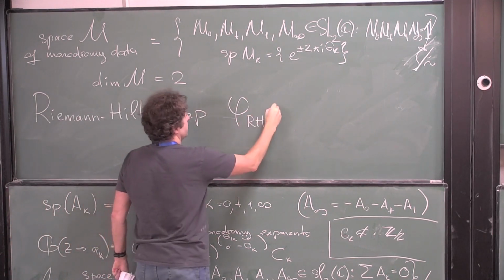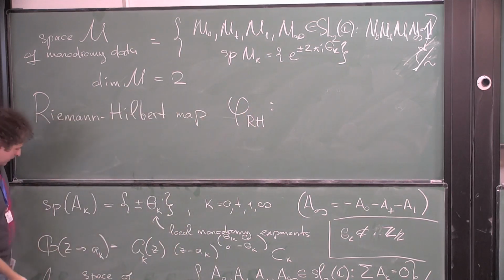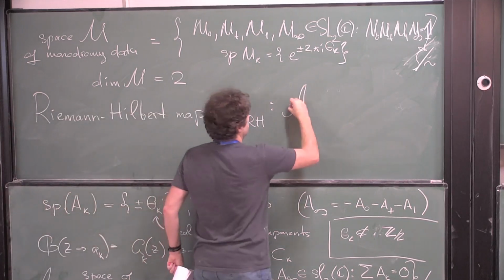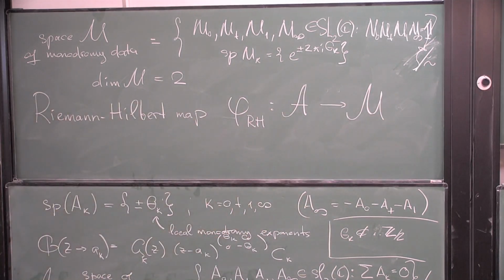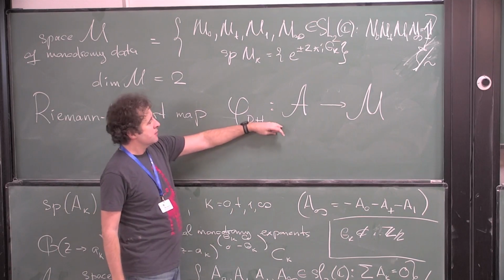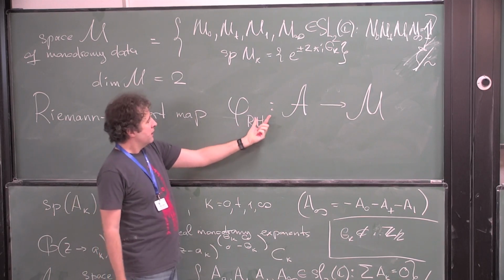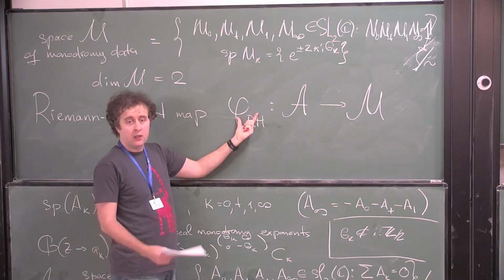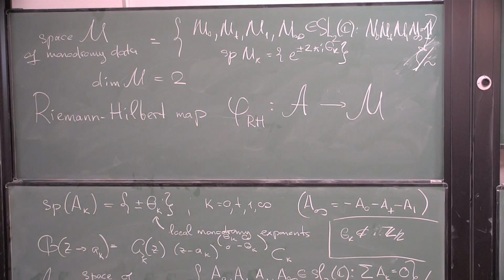Let's call this Phi Riemann-Hilbert, which assigns to any point in A a point in M. This is a transcendental map, very complicated in general. For example, if you consider systems of higher rank, it's not clear whether this map will be surjective, and if it is not surjective, what its image is, and so on. But for 2x2 systems, it is surjective.